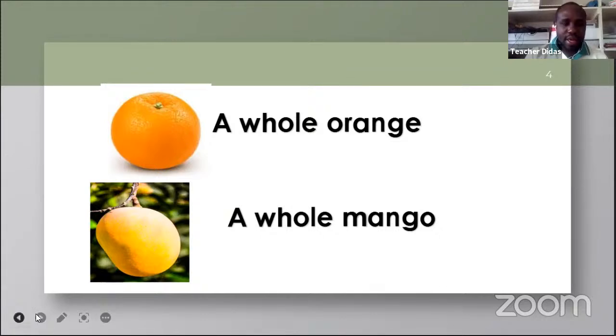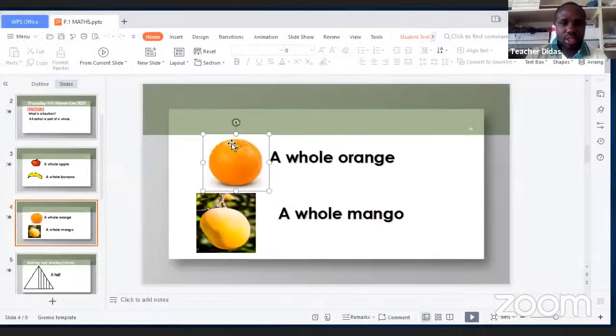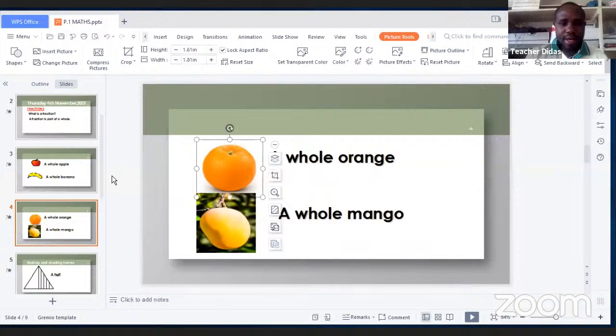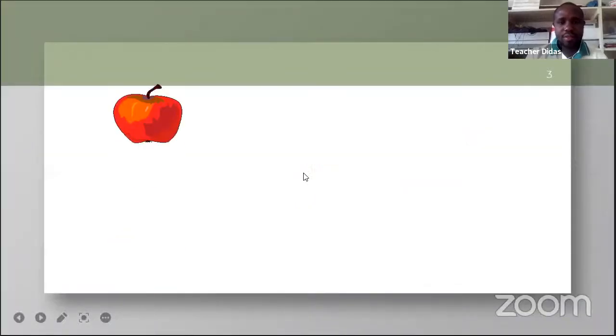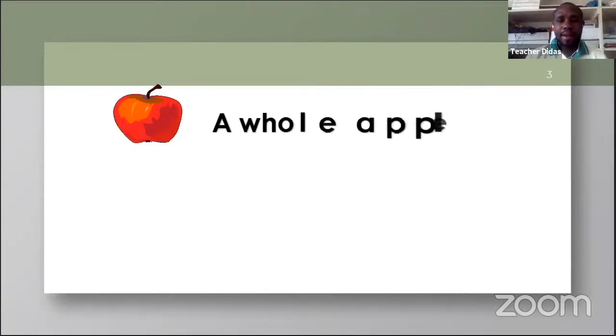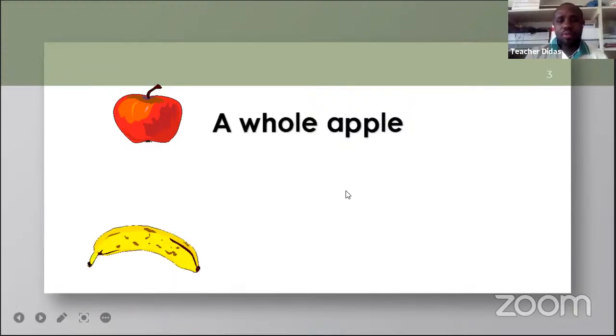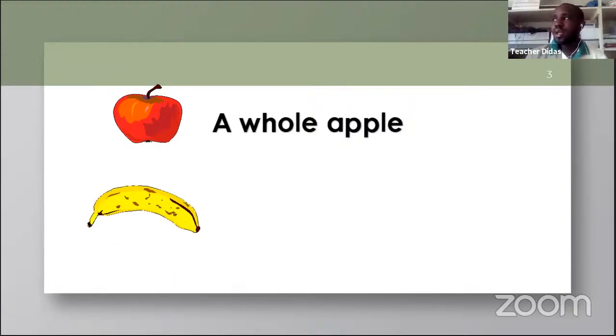Let me make a review and go a little bit back and we see what we shall get here. The first one we had here was a whole apple. The second one was a whole banana.